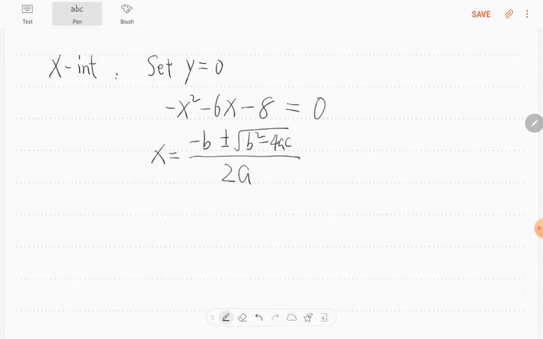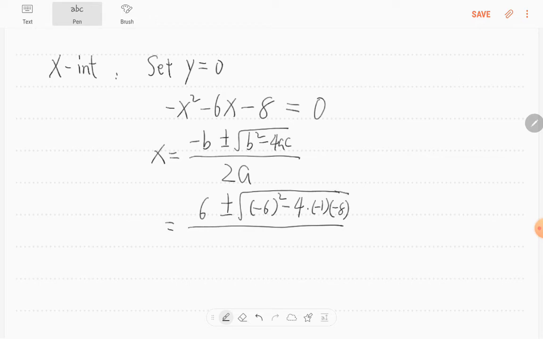So negative b, where b is negative 6, is 6 plus or minus the square root of negative 6 squared minus 4 times a, which is negative 1, times c, which is negative 8, over 2 times negative 1.